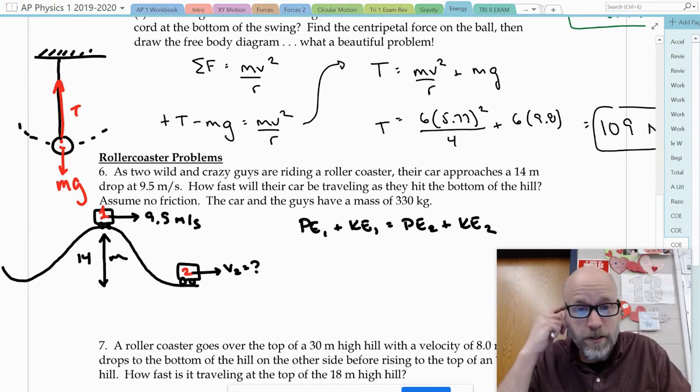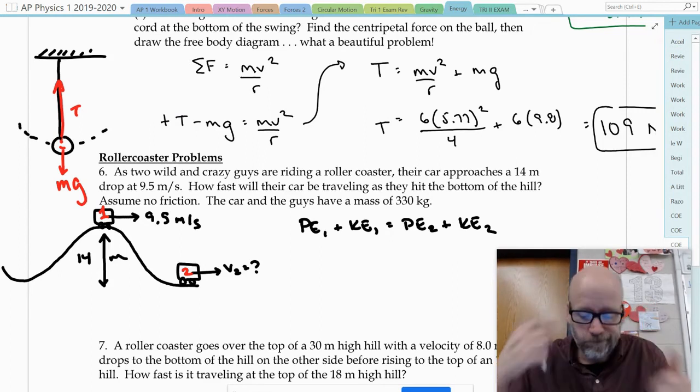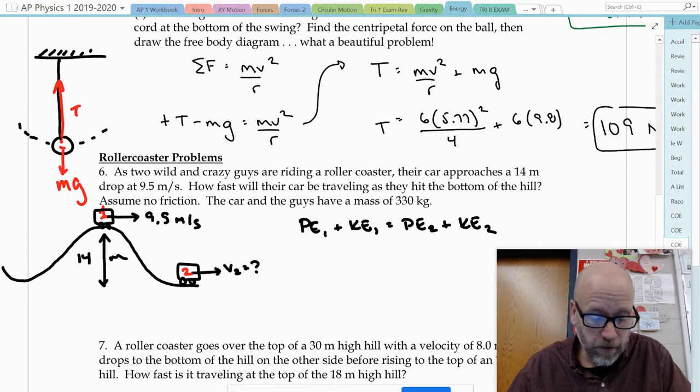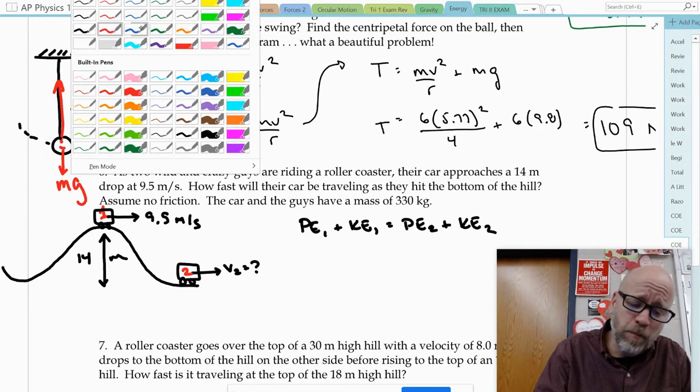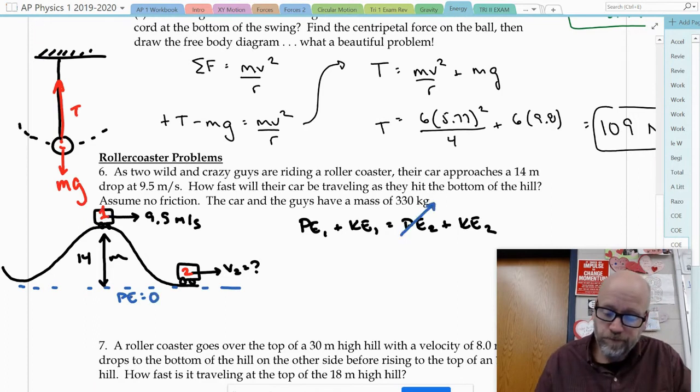Now, I asked myself the simple questions. Can it fall? Is it moving? In position 1, it can fall and it's moving. I can't cross off either one. At position 2, can it fall? Well, if I define the bottom of that hill, which honestly is the easiest thing to do, as potential energy equal to 0, then this term goes away.